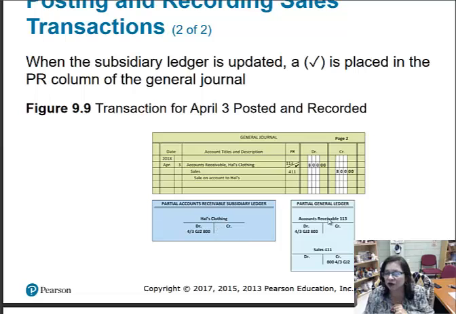And then I also credited the sales. This is the debit and the credit right here. This is an additional debit because you're placing it into the subsidiary ledger. No additional credit is done, just when the first sale is done. All you're doing is taking this information here, breaking it down, and saying this now belongs to Hal's Clothing.